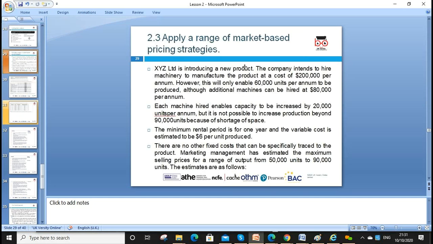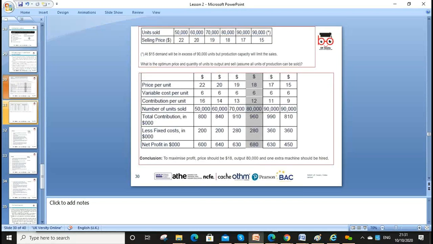Okay, next 2.3, apply the range of market-based pricing strategies. Strategy is very important because we can earn more profit and we can look at how we can maximize the profit. So look here, the units we sold are given, the selling price we charge, variable cost, contribution per unit.